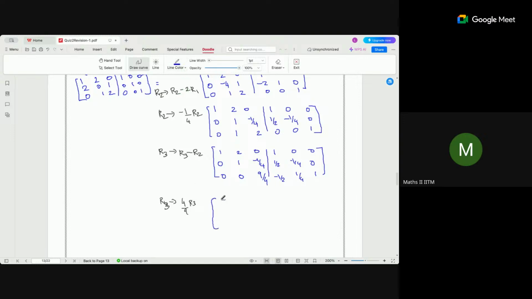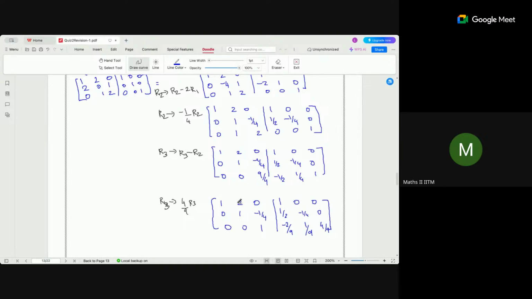So you will get 1, 2, 0, 0, 1, -1/4, 0, 0, 1. And here you will have 1, 0, 0, 1/2, -1/4, 0. And when multiplied with 4/9, you will have -2/9. Here 1/9, 4/9. Correct?